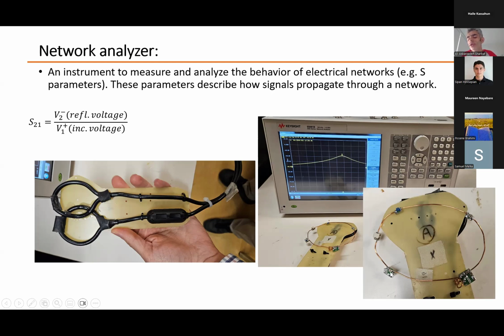Because at the resonance frequency of the loop, a higher magnetic field, or a higher current, is induced in the second loop. This peak happens at around 300 megahertz, which is close to the Larmor frequency at 7T.